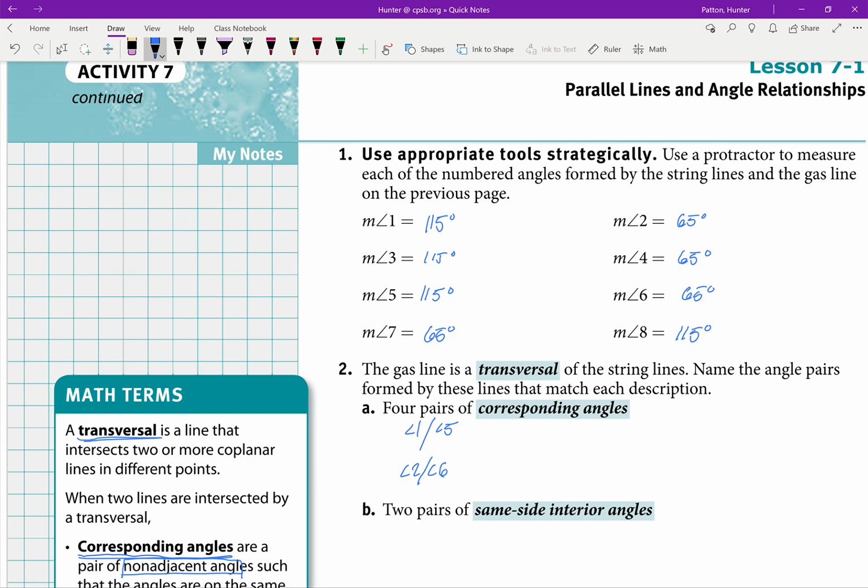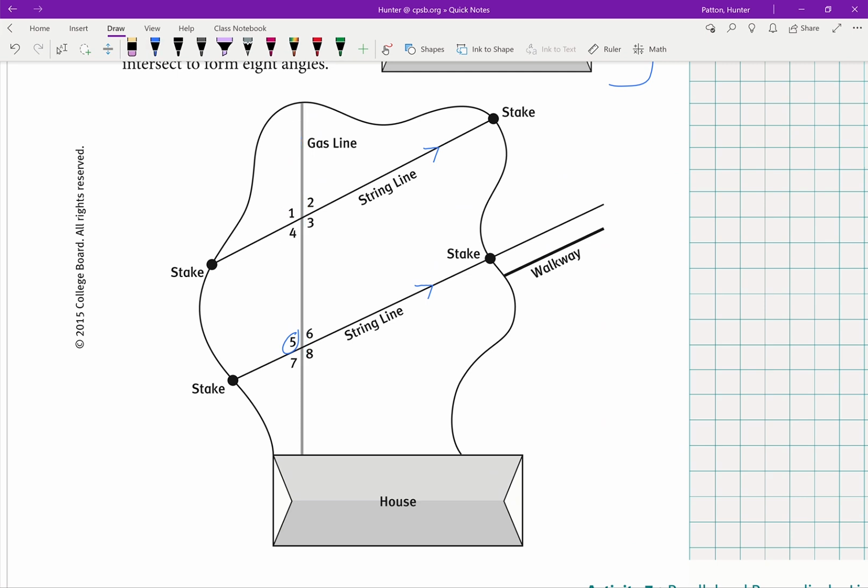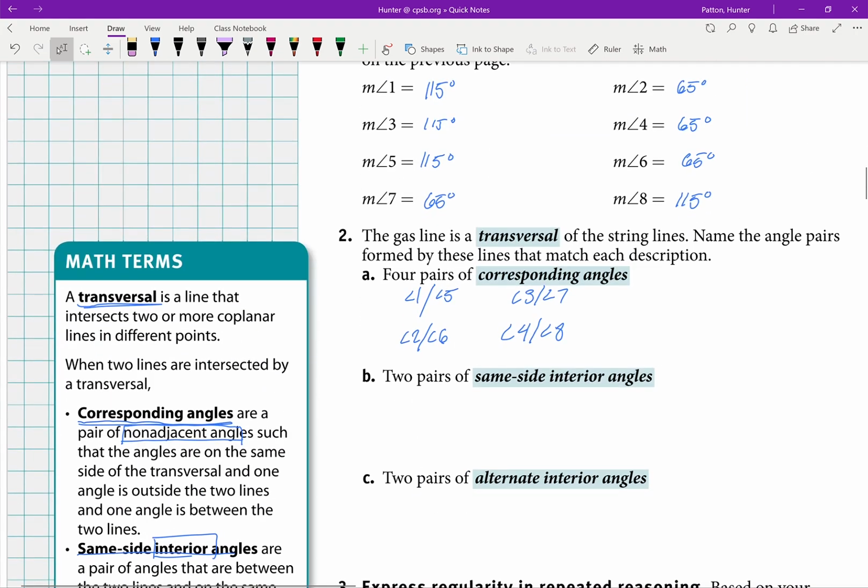We have angle 3 and angle 7. And angle 4 and angle 8. Okay, that's what we have written down here.